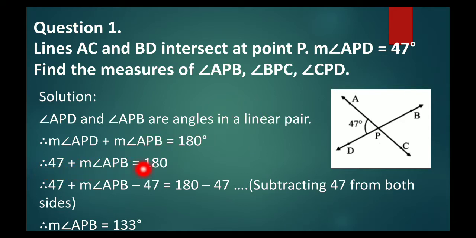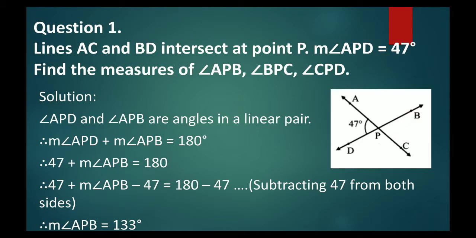Plus 47 and minus 47 get cancelled. Therefore, measure of angle APB is equal to 180 minus 47, which is 133. If APB is 133, therefore DPC is also 133.